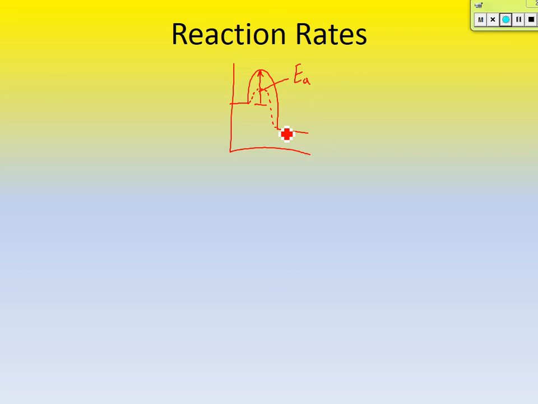Okay, then we talked about temperature. If you increase the temperature, what does that do to the rate? You increase the rate of the reaction. Now, there was a rule of thumb. For every, how many degrees Celsius? 10 degrees Celsius, you can do what to the rate? You can double the rate. And that's true if you cool it down 10 degrees, you're going to make that rate slower.